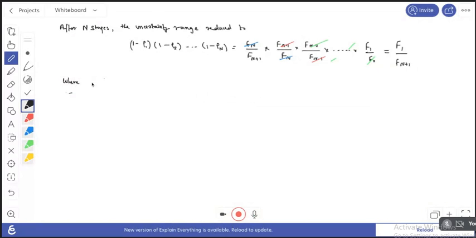fk is any general element of the Fibonacci sequence.